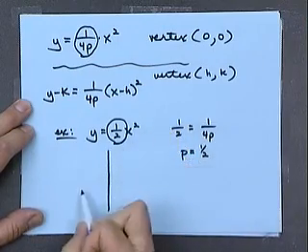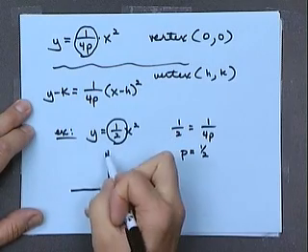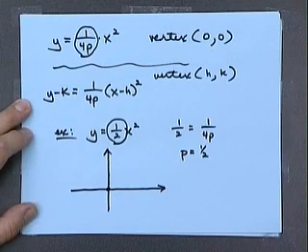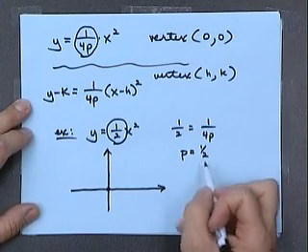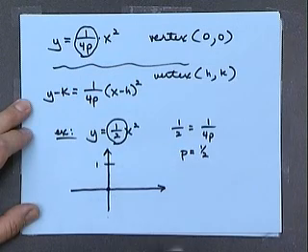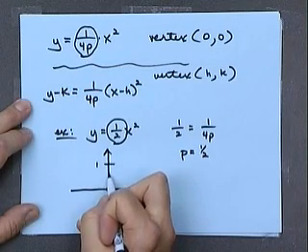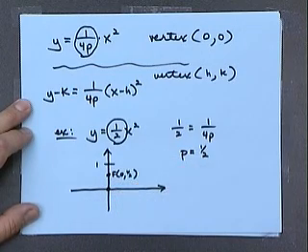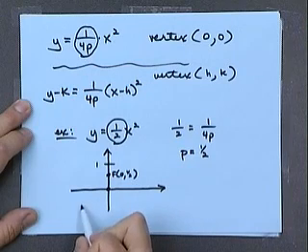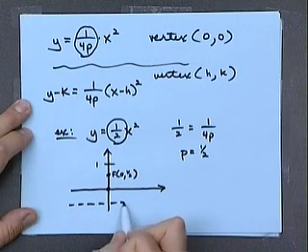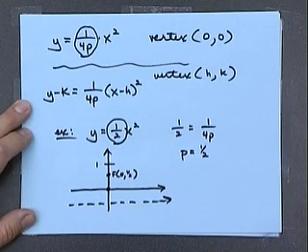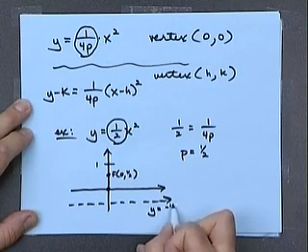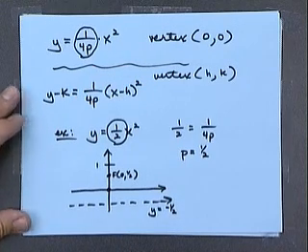So the vertex, not that we sketch parabolas this way, but we could. The vertex is at the origin, and to get from vertex to focus, we would go up 1/2 of a unit. So if this is 1 unit, then we would go up 1/2 of a unit. We would go down 1/2 of a unit to get to the directrix. What is its equation? Y equals negative 1/2. Is that correct?